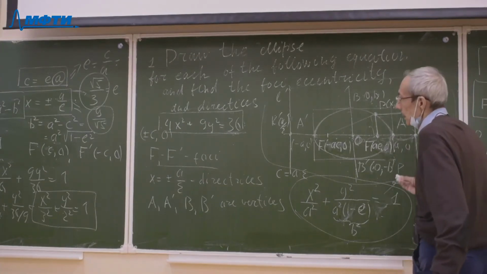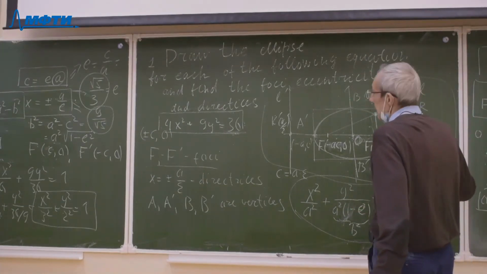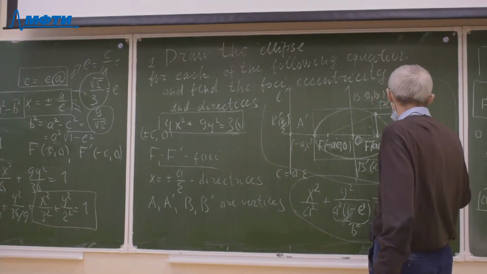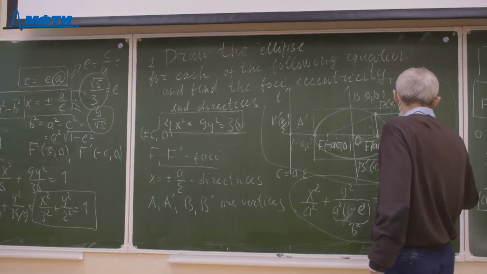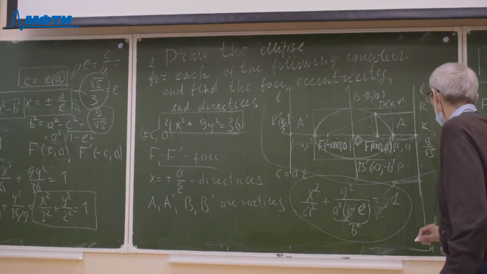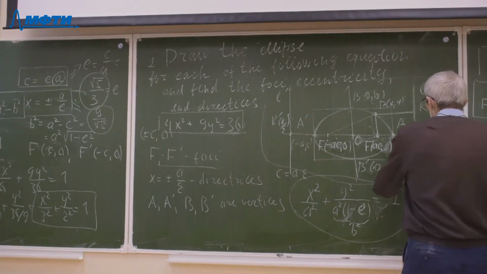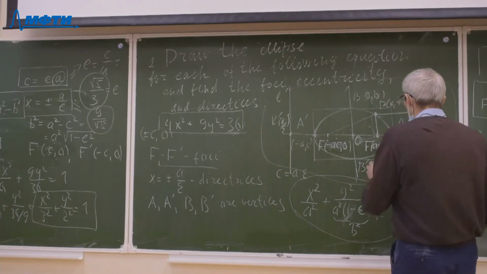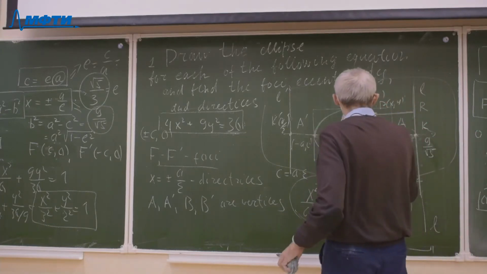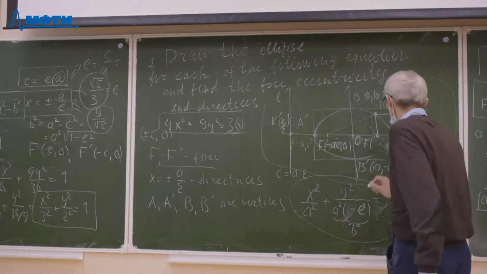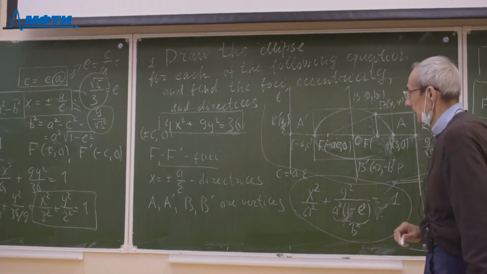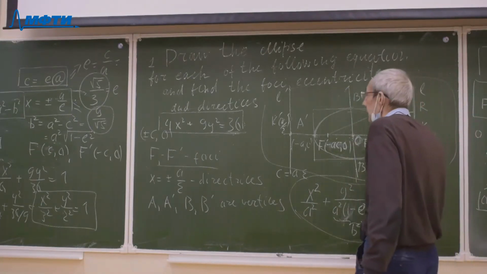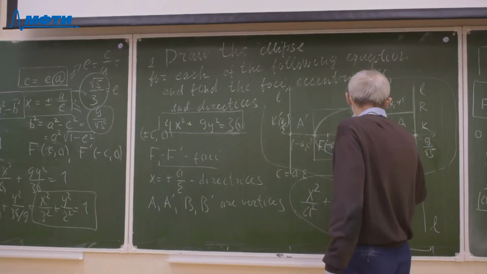This point K has the coordinate 9 over root 5, 0. a is equal to 3, 0. Focus F has coordinate root 5, 0.